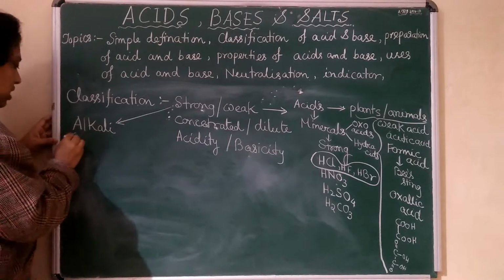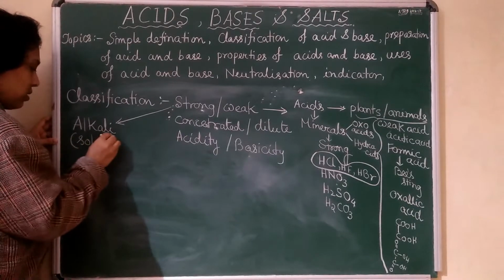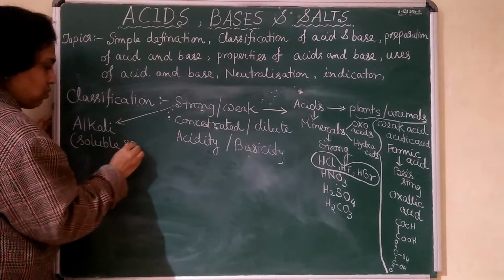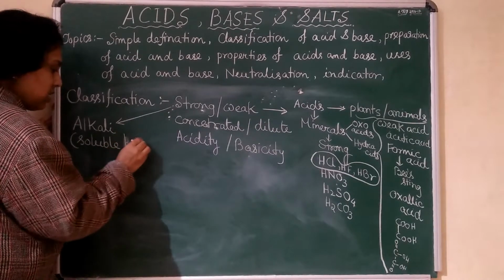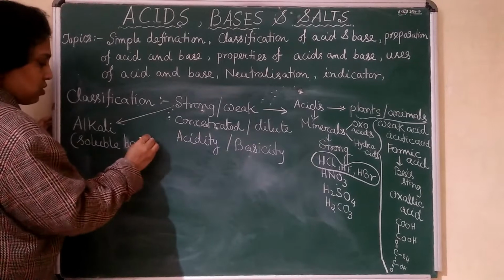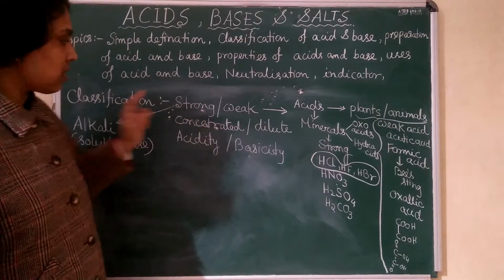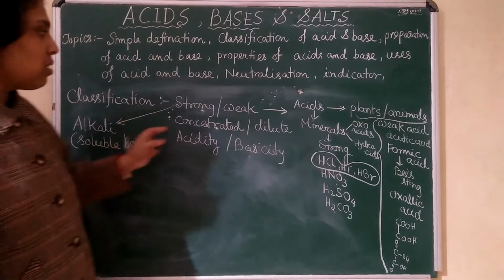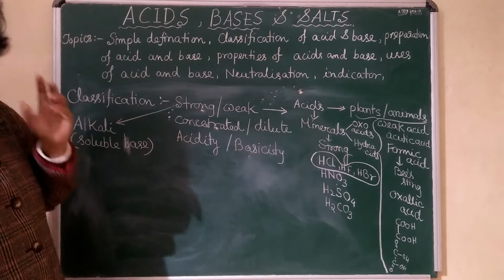Alkali means soluble base, which is dissolved in water. So soluble bases are alkali, and they are strong also. So alkali comes under strong base. Others are weak bases, like magnesium hydroxide, which is present in medicine.